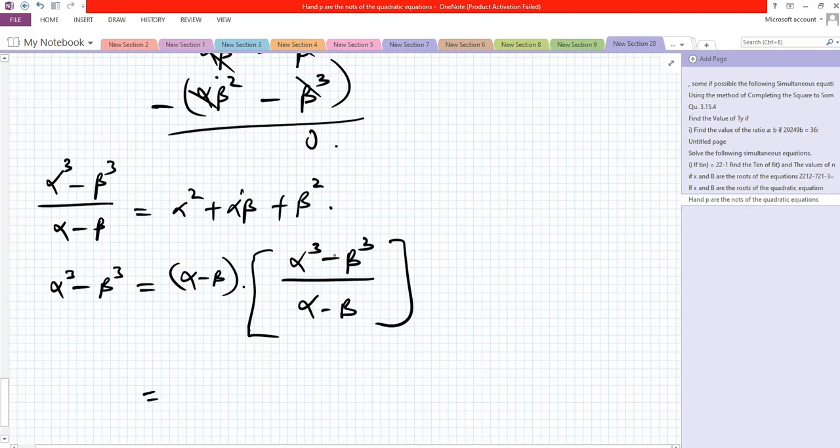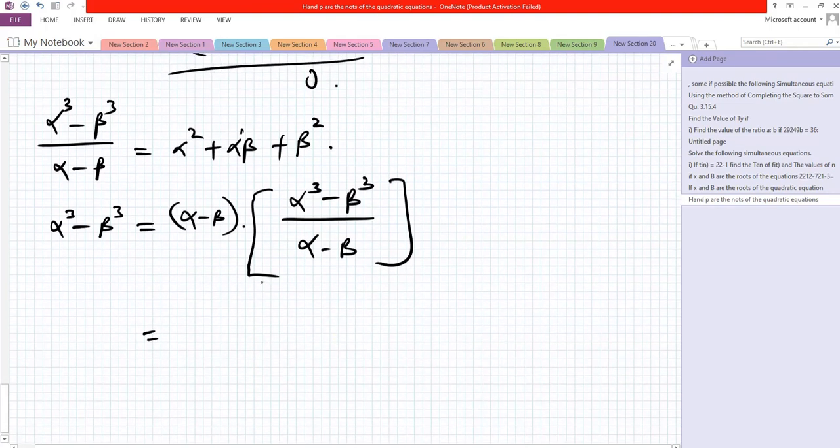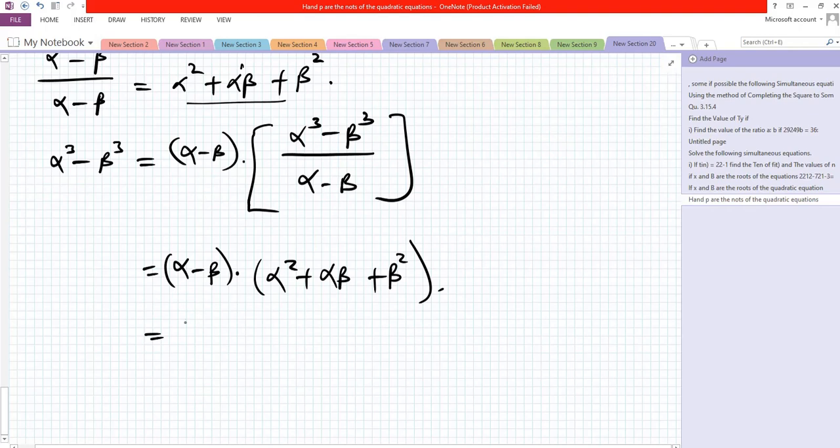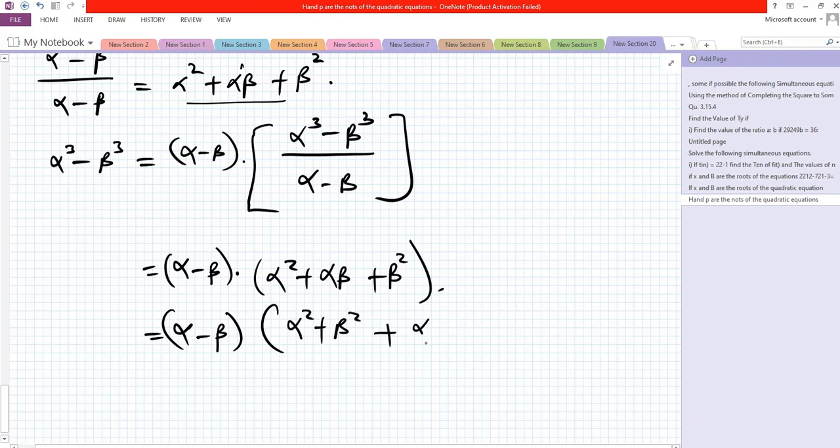Now the expression inside this bracket is alpha square plus alpha beta plus beta square. Now we have this as alpha minus beta into alpha square plus beta square plus alpha beta.